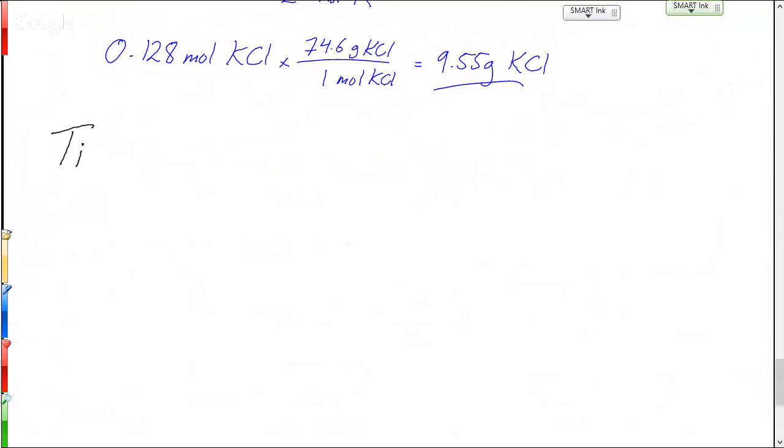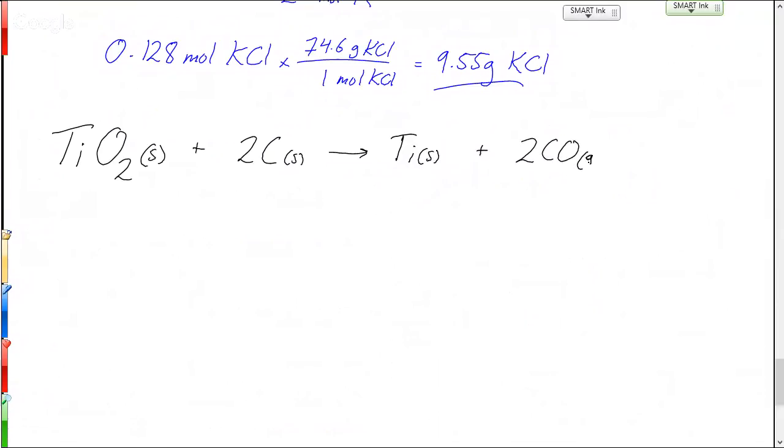Okay, so here's a reaction where we're getting titanium metal from the oxide. So we're taking titanium oxide, reacting with carbon, to form titanium and 2CO. And this is already balanced.